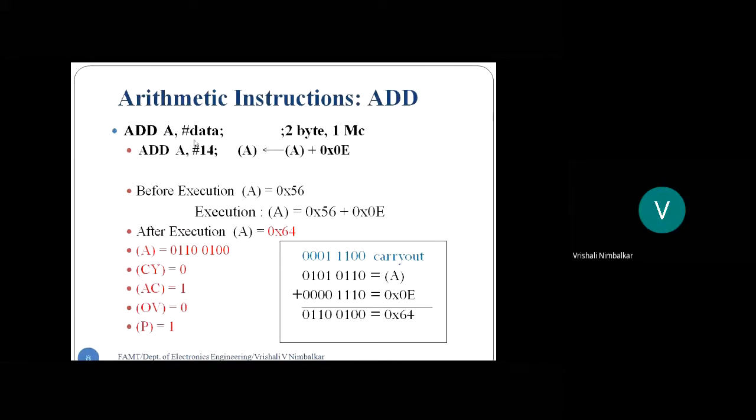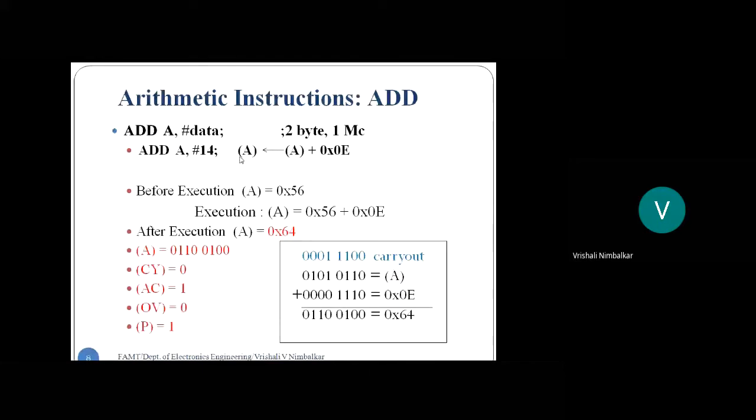Microcontroller assumes a decimal number, converts it into hexadecimal, meaning internally binary, operates on binary and puts the result back in binary. So 0E hex data is added with the data in the accumulator and the result is stored back in the accumulator. Accumulator is the destination.